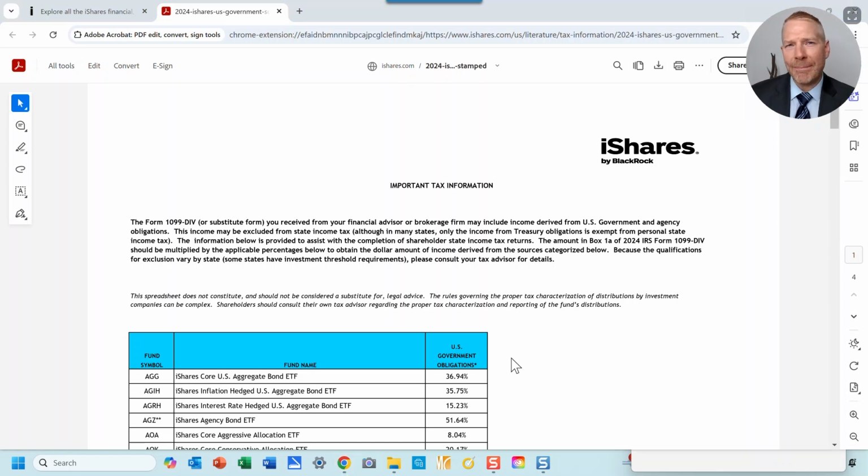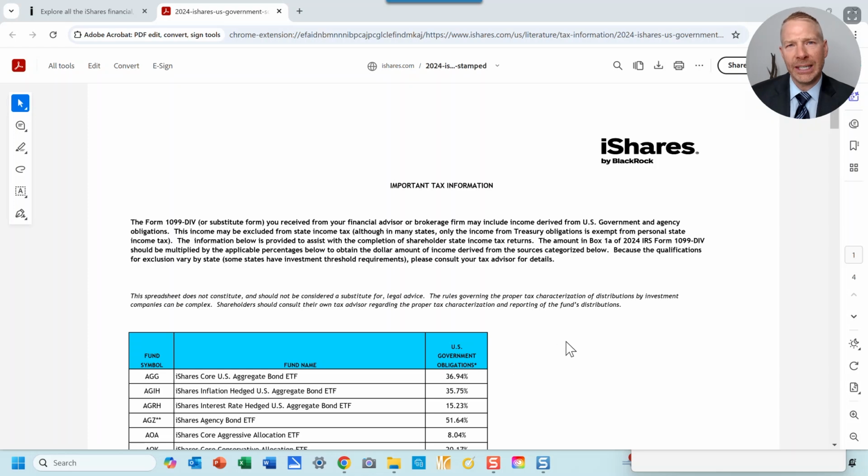Unless you make a manual adjustment to your state tax return, adjusting the dividend down by 37%, you will end up overpaying in taxes on your AGG dividend. If you simply take the dividend that was reported for AGG on your 1099 and enter that on your state tax return, you just made a mistake. So you need to make this manual adjustment.